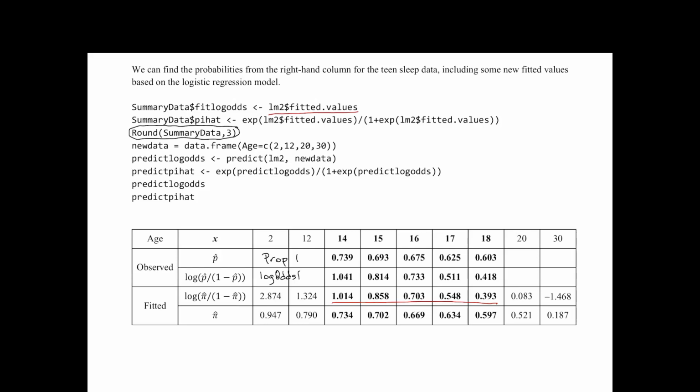And then we're working backwards and exponentiating, and I'll go through that again in a minute. And that's how we're coming up with these bottom row values, just for the ages that were in the data set, right? So we're working backwards, we're exponentiating to get the estimated pi hat, the fitted pi hat from the model. And then I picked these other ages.